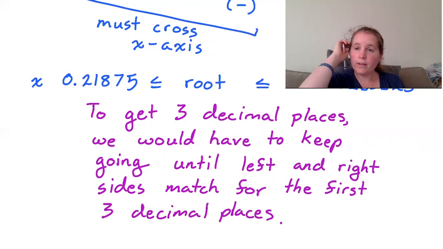Once you reach that point, then you know that the first 3 decimal places would have to be whatever those 3 were. So this is the bisection method.